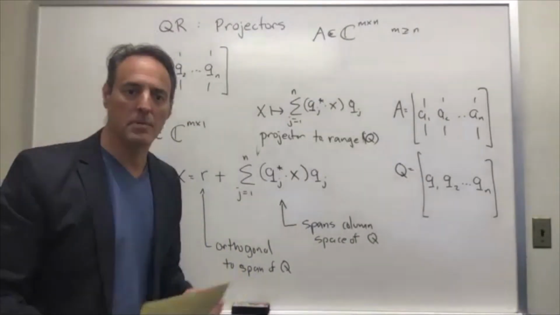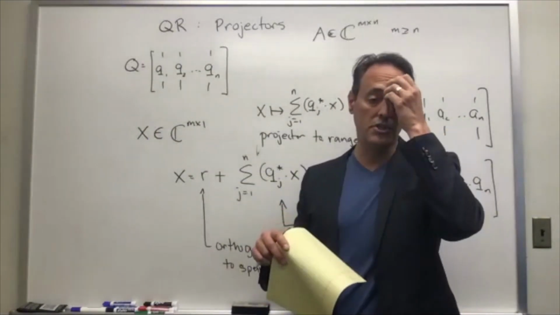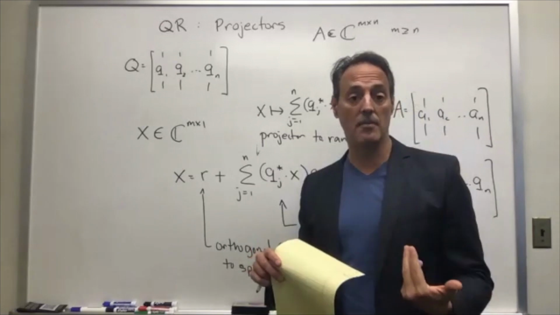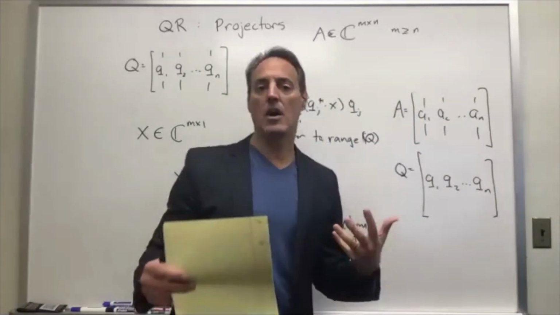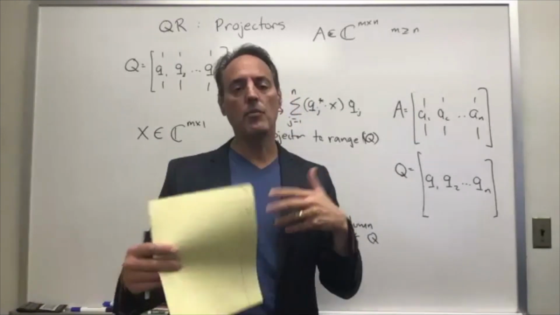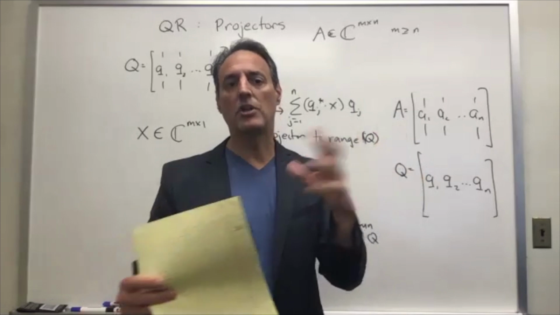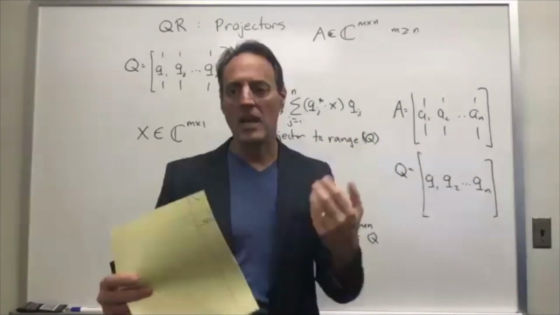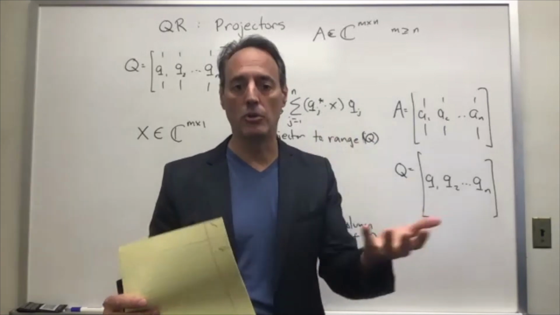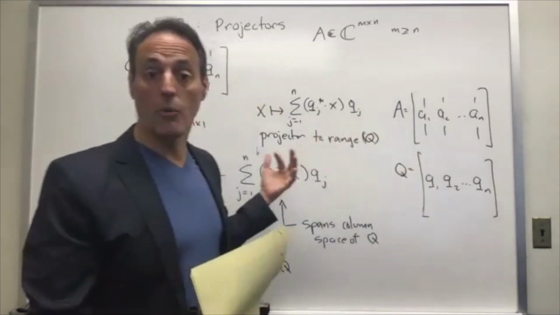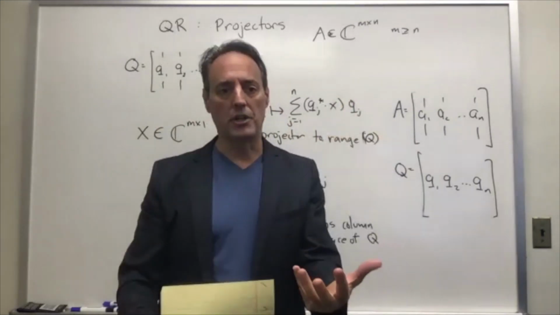This is going to be an important concept for us to develop, because we're going to use these projector ideas all the time. In fact, most of linear algebra, especially as we build out, even when you look at the SVD, what we said last time is you can decompose it into three matrices, and then you project, for instance, into these low-rank subspaces spanned by U. Here, the low-rank subspace is spanned by Q. Everything is about projection.